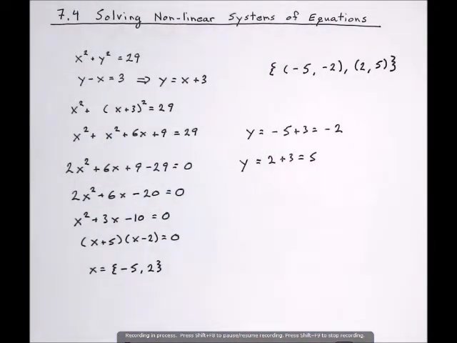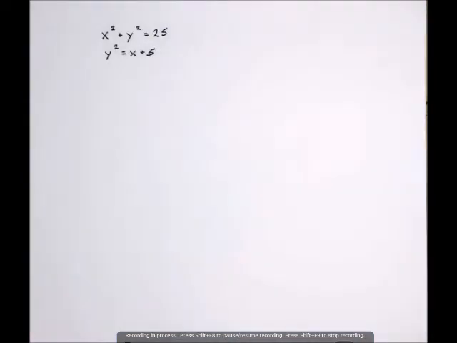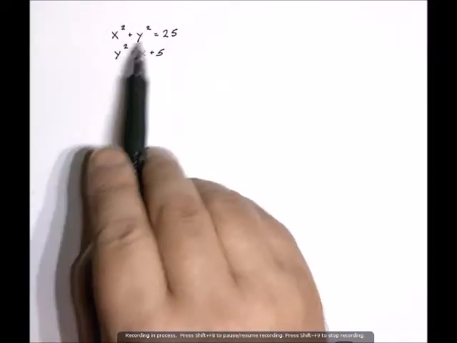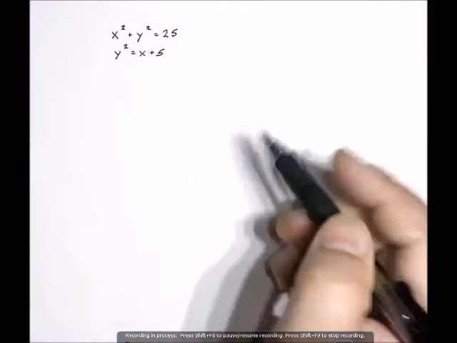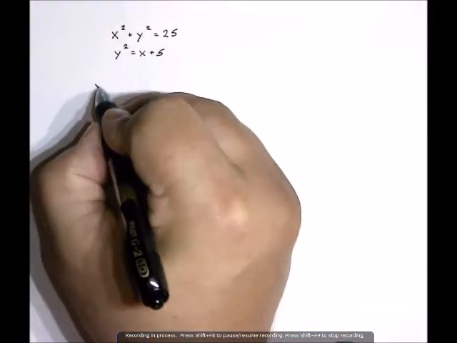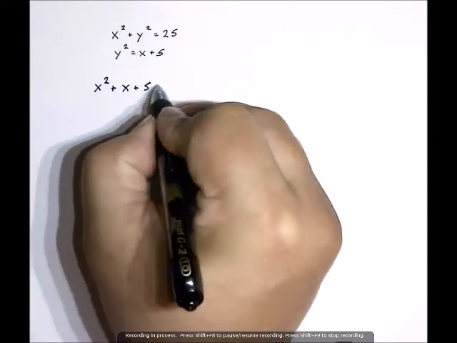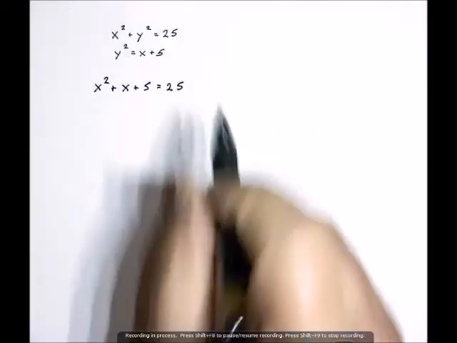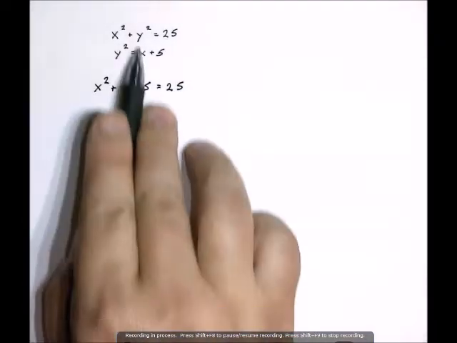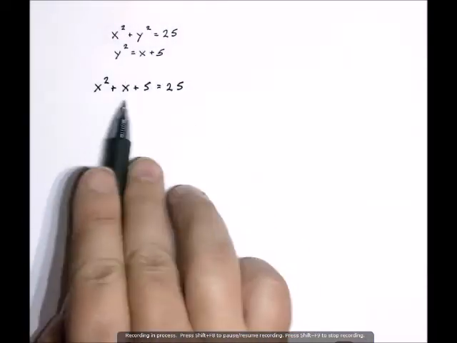Let's try one more. Okay, in this one, it looks like a substitution is probably better, more in order, because I already have a y squared here that I can plug in for the y squared there. Okay, so everywhere I see this y, I'm just going to plug in the x plus 5.